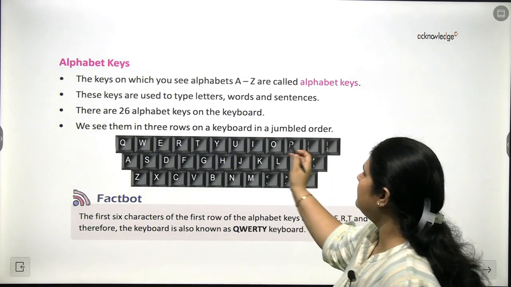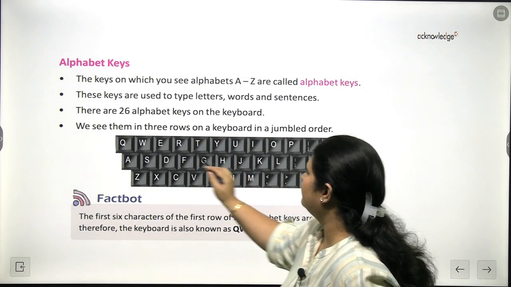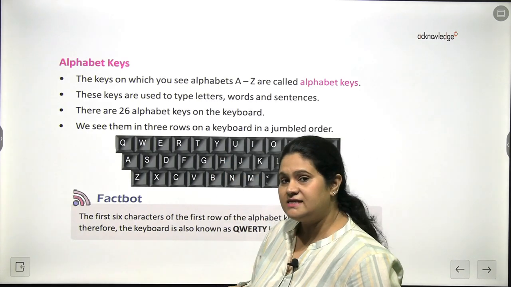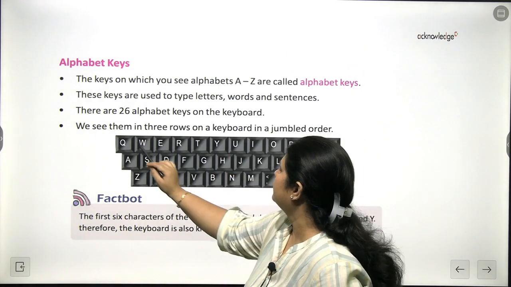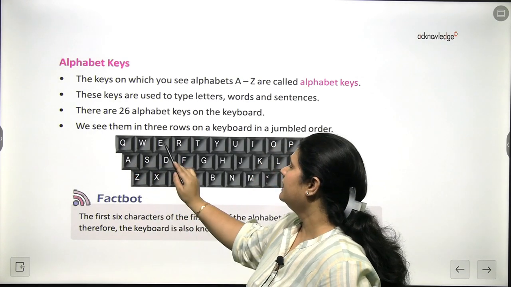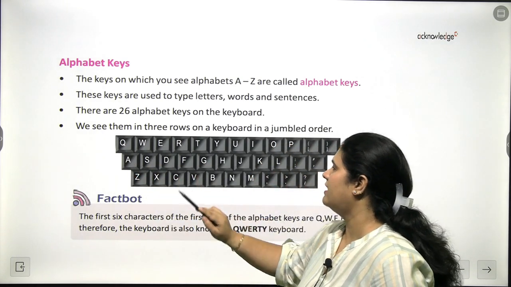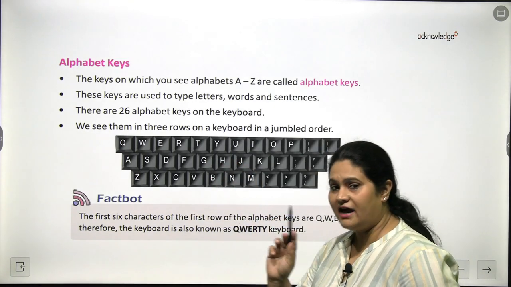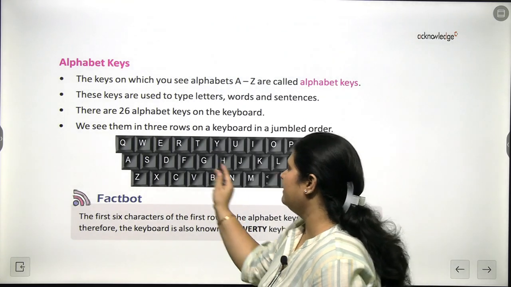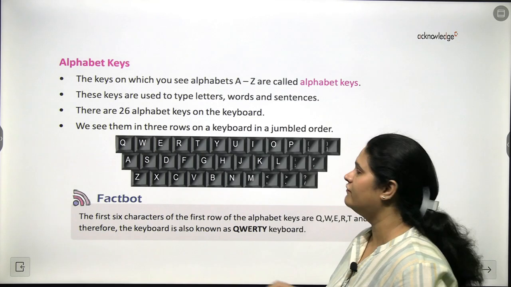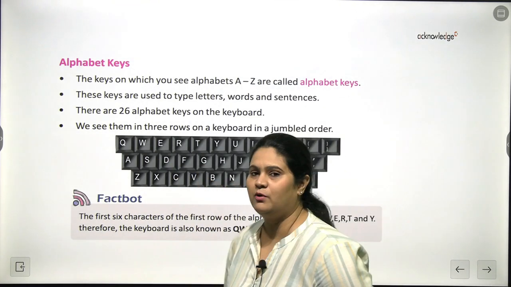So, we see that the first 6 letters of these alphabet keys are Q, W, E, R, T and Y. Therefore, this keyboard is also known by the name of QWERTY keyboard.